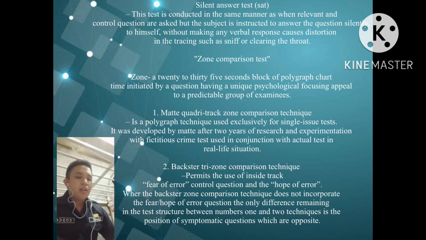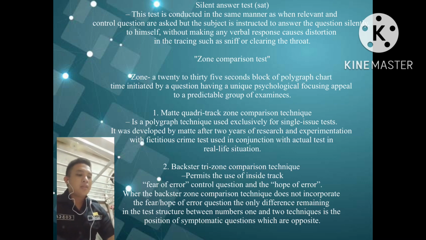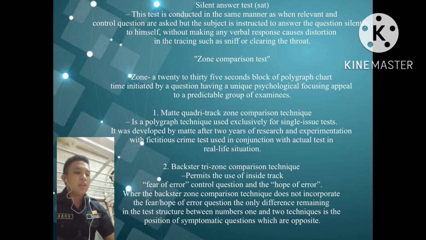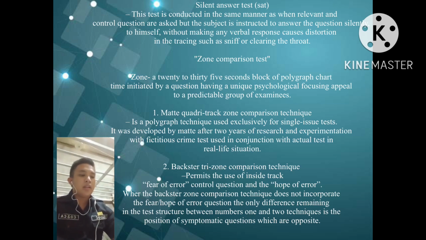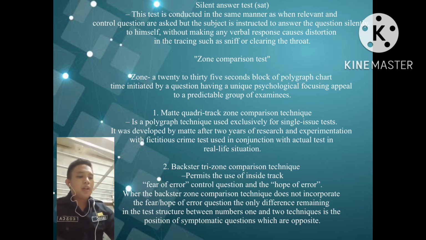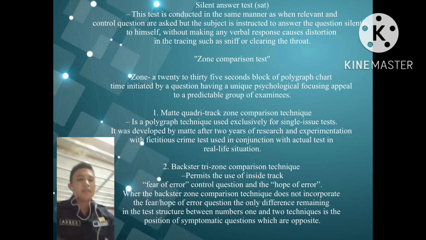A zone is a 20 to 35 second block of polygraph chart time initiated by a question having a unique psychological focusing appeal to a predictable group of examinees. Every vertical line on the polygraph chart consists of 5 seconds.